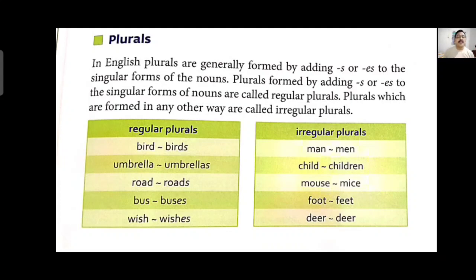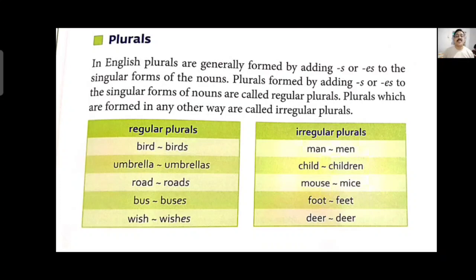Means when by just applying S to the noun we change from singular to plural, it is called the regular plural form of noun. But when, without using S, the noun is changed into plural by other means, then it is called irregular plural form.